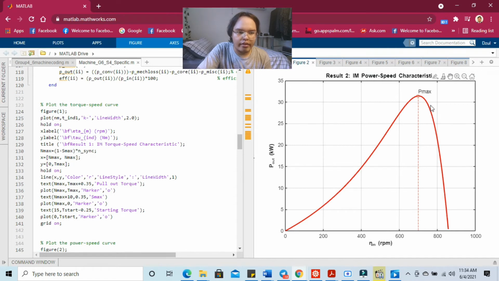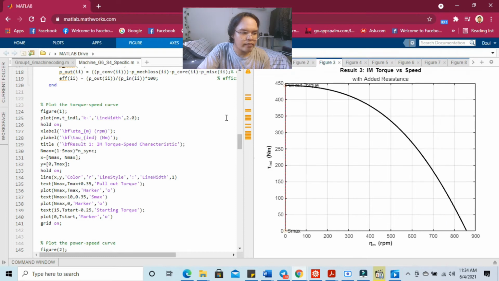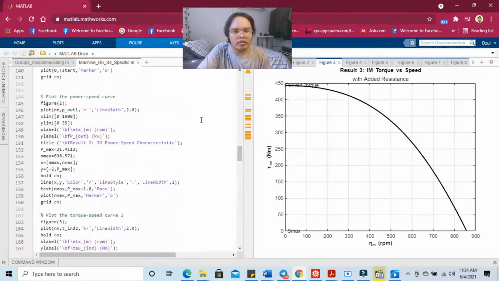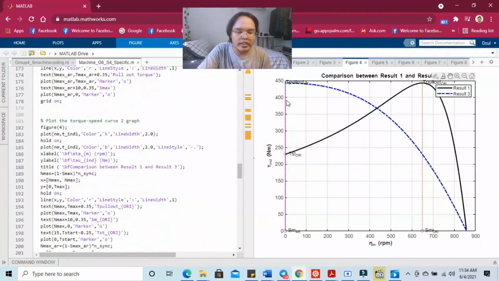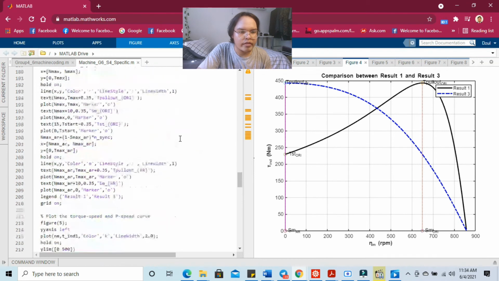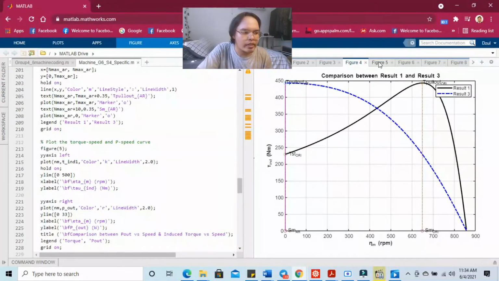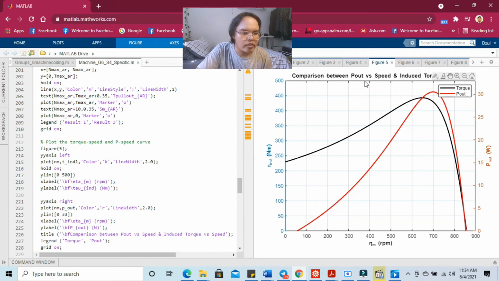Okay, and figure 3 shows the additional resistance graph, which pulls out the torque at the starting torque. Figure 4 is the comparison between the additional resistance and the original resistance. Figure 5 is the comparison of P versus speed and torque versus speed.